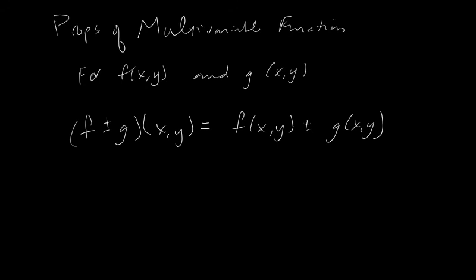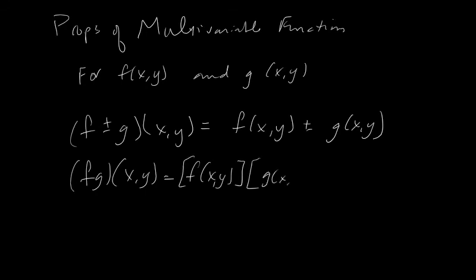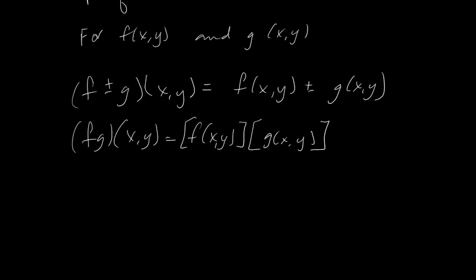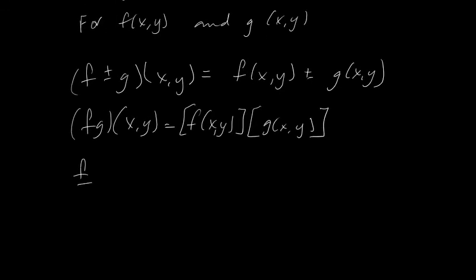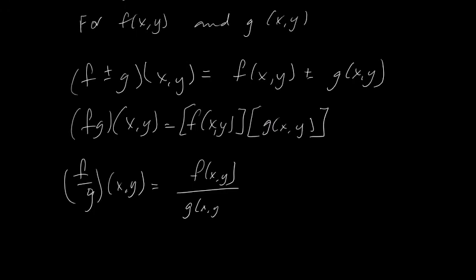Okay, we have f times g of x, y is just f of x, y times g of x, y. We have f divided by g of x, y equal to f of x, y divided by g of x, y, provided, of course, g of x, y is not equal to 0.